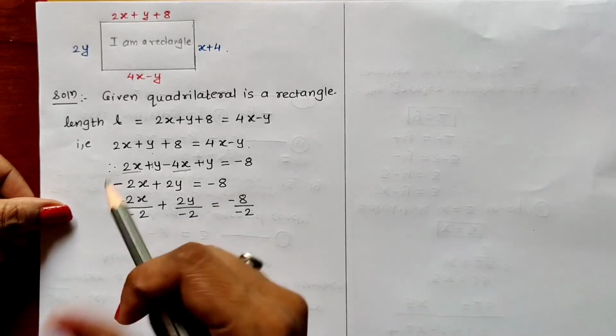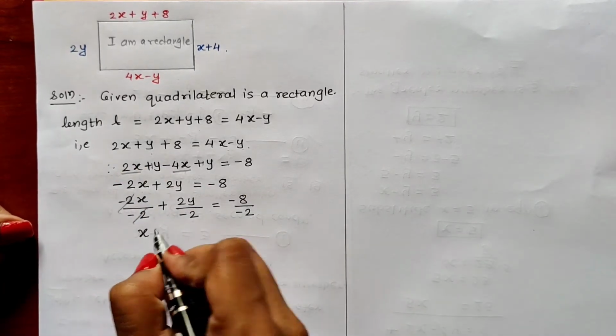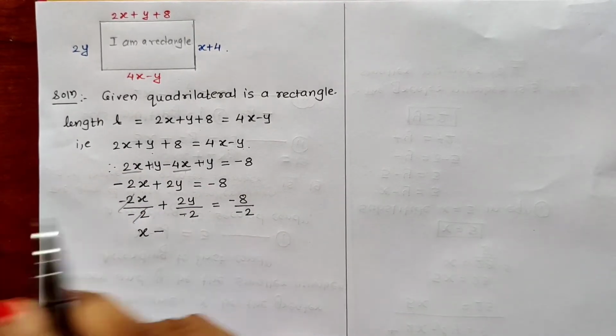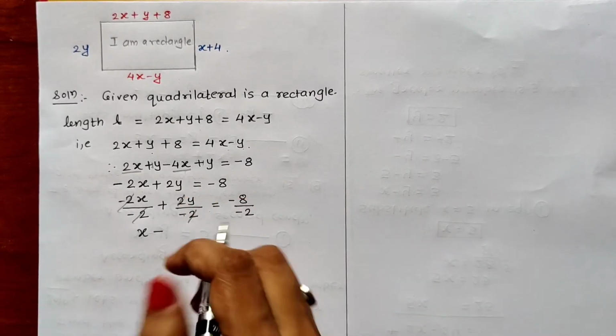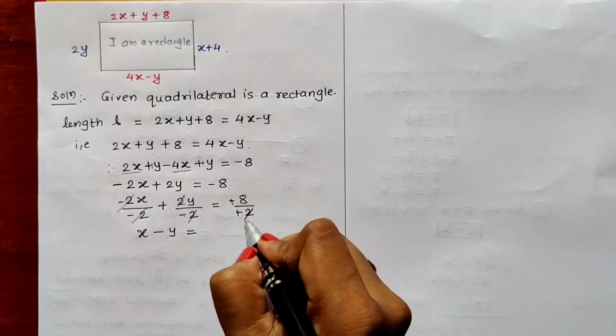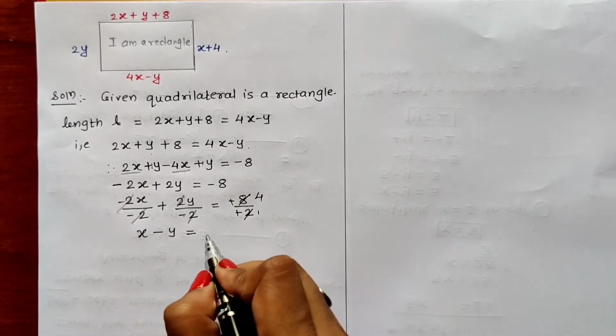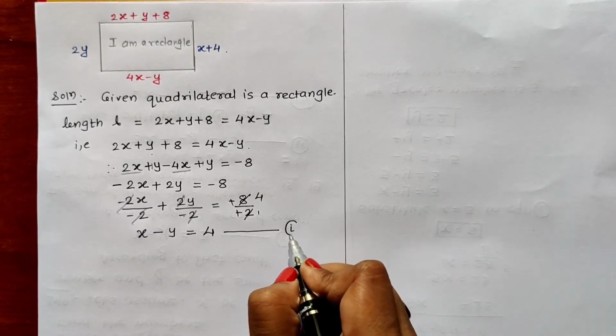Now here minus 2 cancels, x is remaining. Minus plus will become minus, and 2 can be cancelled, y is remaining. Again minus also cancels, and 2 1s are 2, 2 4s are 8. x minus y is equal to 4 will be our equation number 1.